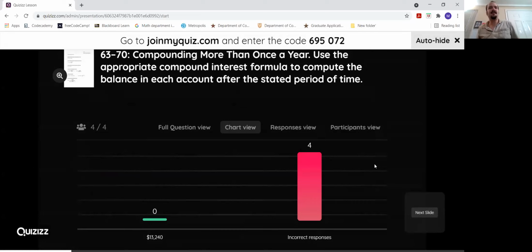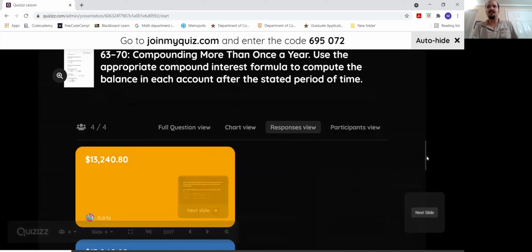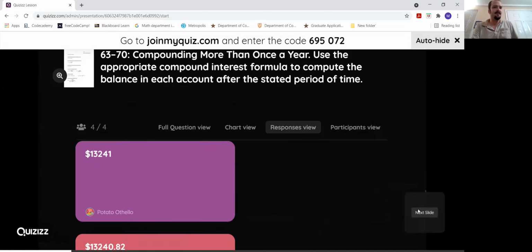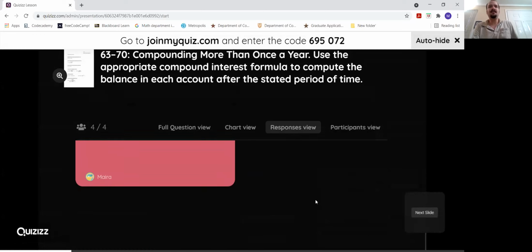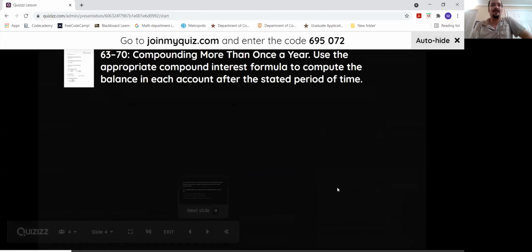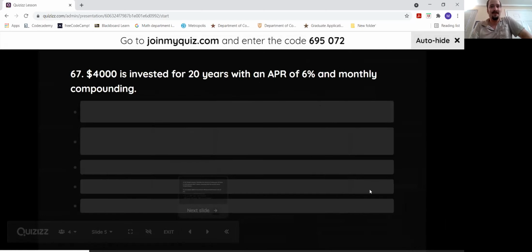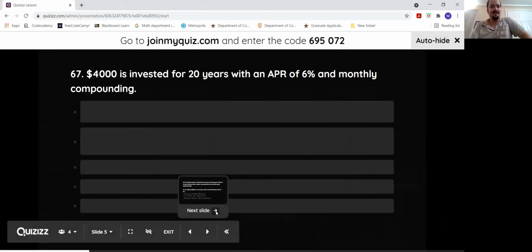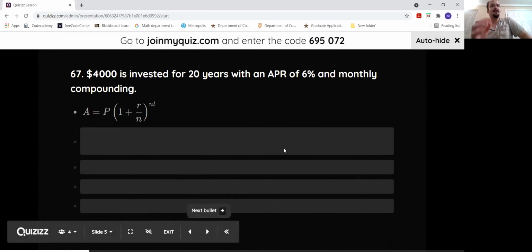Oh, I don't think I rounded. What did I get? 13,241. Yeah, I should have rounded it up in my notes, and I don't think I did. Yeah, I did it to the nearest whole dollar. If I do these to the nearest cent, there's no way we're probably all going to end up with the same solution, if I'm being honest. It's just easier to round things to the nearest dollar in this section.